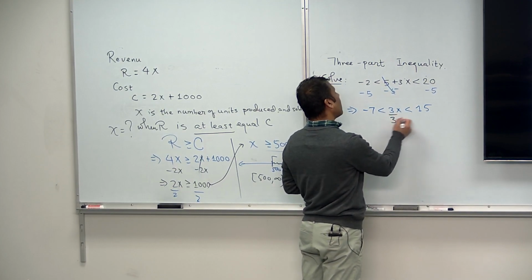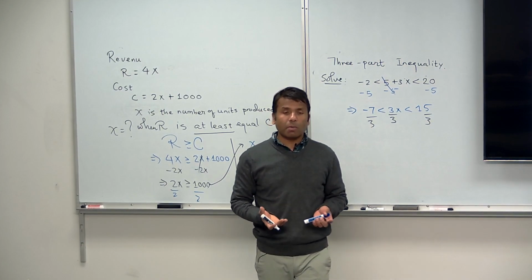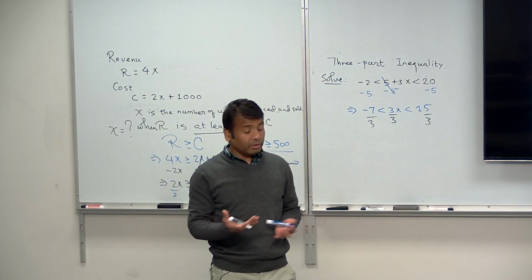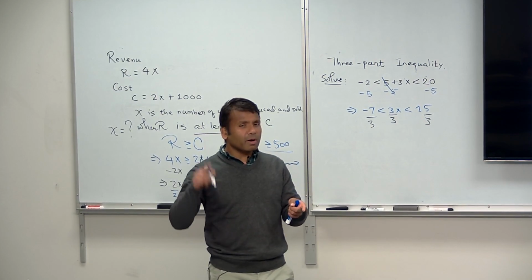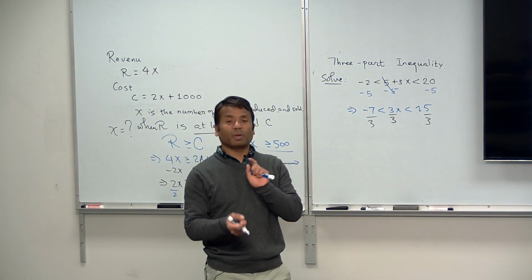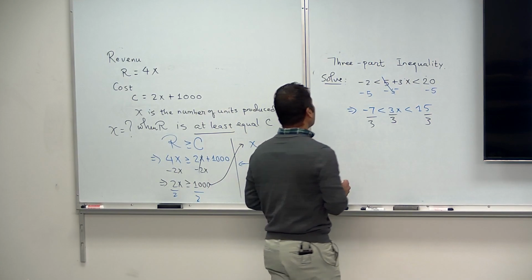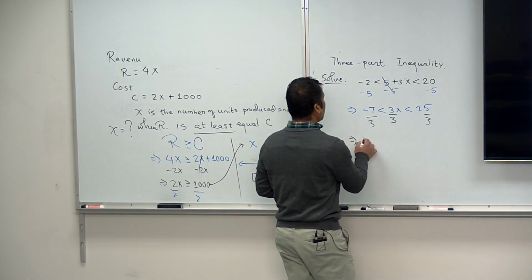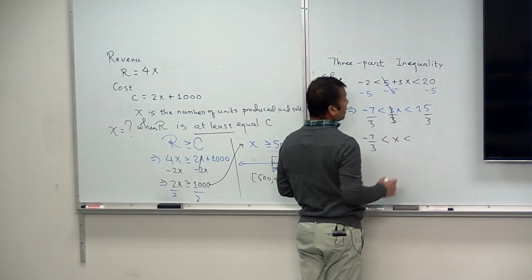The nice thing is if you divide or multiply by a positive number on both sides, you don't have to change the inequality sign. That makes sense? But if you multiply or divide by a negative number, you must flip the inequality sign. So it will be -7 over 3 is less than x, and what is 15 over 3?